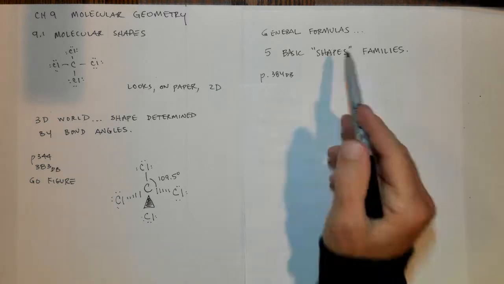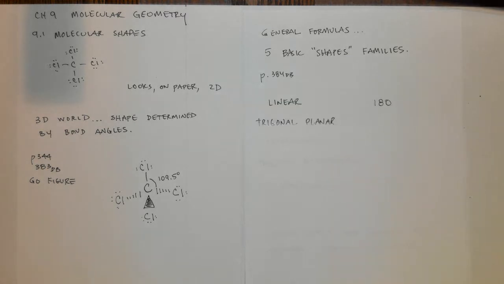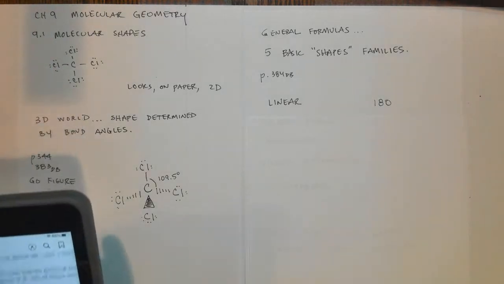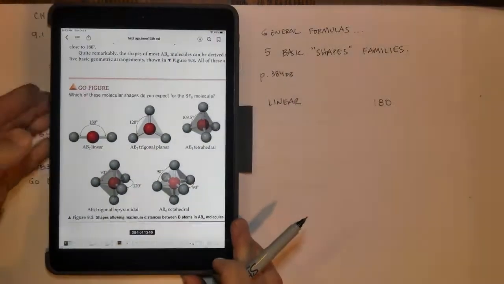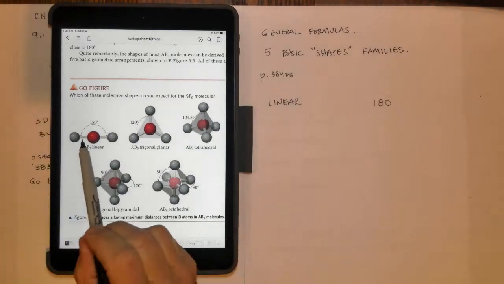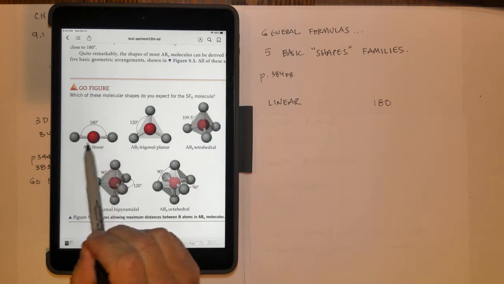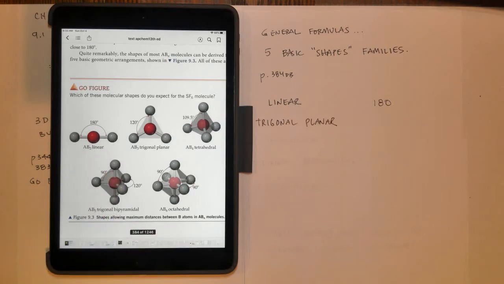Here are the names of the 5 basic shape families. There's one called linear, which would have 180 degree bond angles between its central atom and the 2 atoms around it. So this is what it's going to look like in a space-filling model.